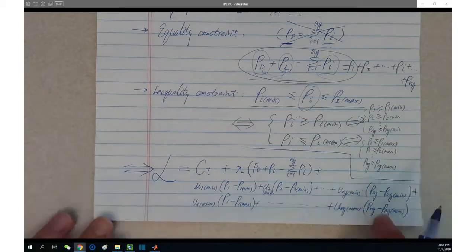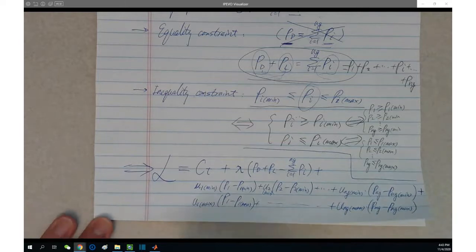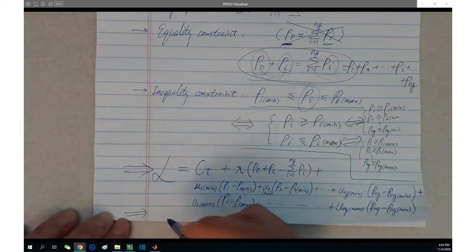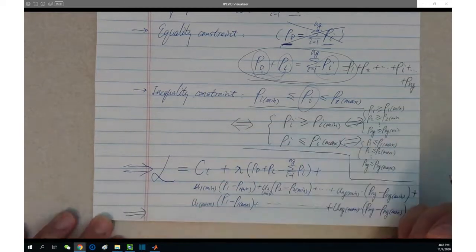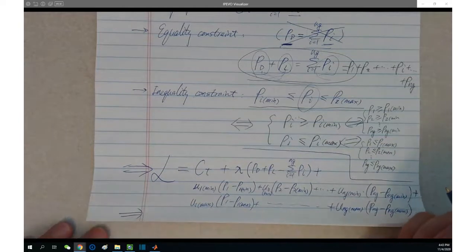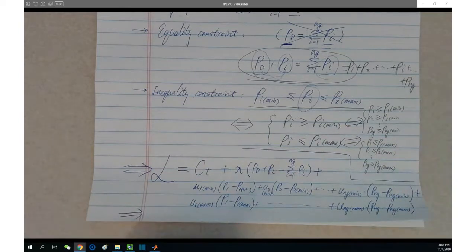And from here, what should we do as the next step?